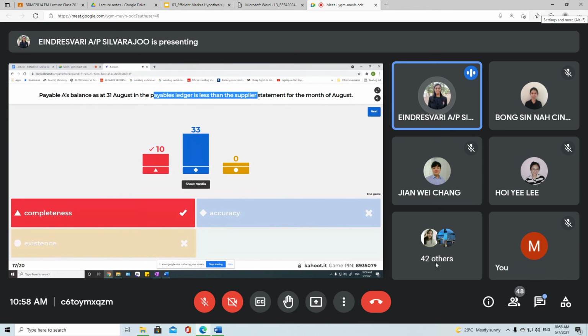This is similar to previously, understated because the ledger is less than the supplier statement.